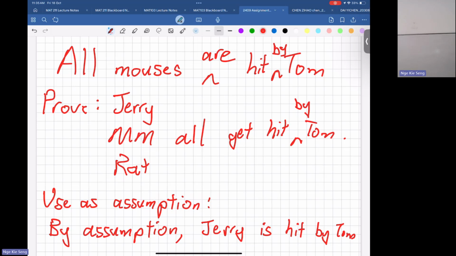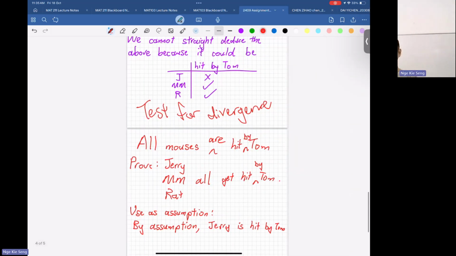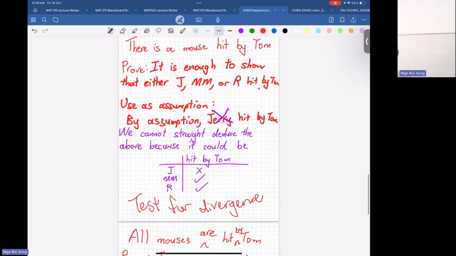Think again, improve your writing. It's okay, because you are still learning. So please learn. These are the two main things about the exists and universal quantifier.